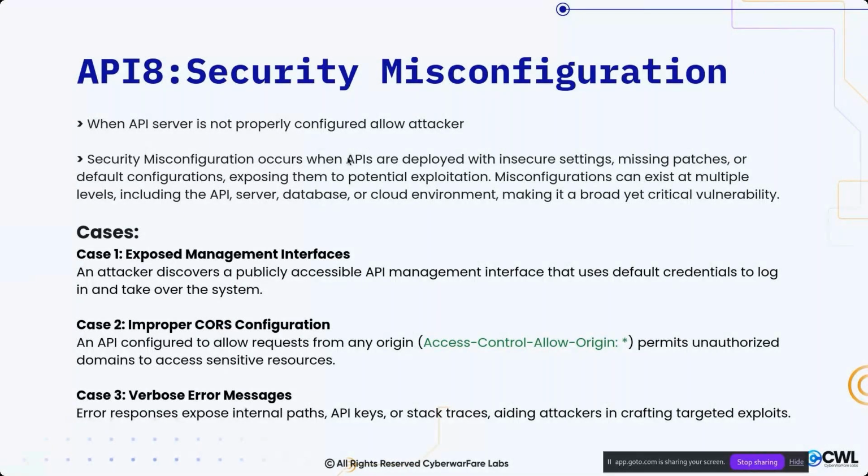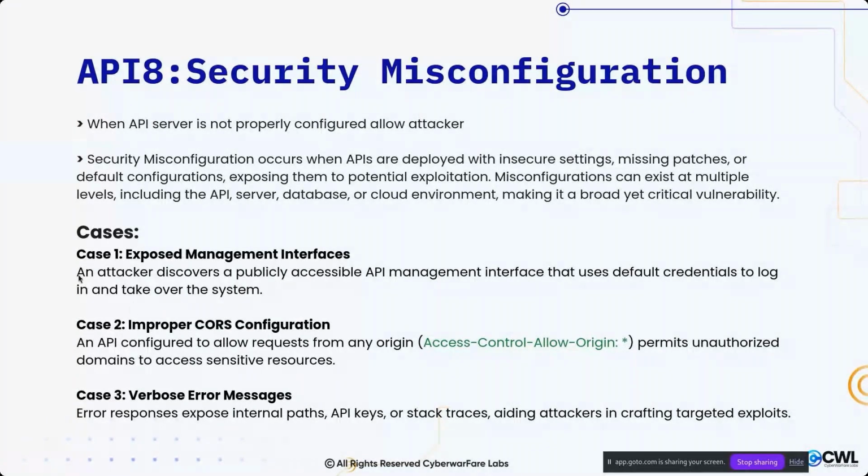Security misconfiguration occurs when an API is developed with insecure settings, missing patches, or default configurations, exposing it to potential exploitation. Misconfiguration can exist at multiple levels, including the API server, database, or cloud environment.